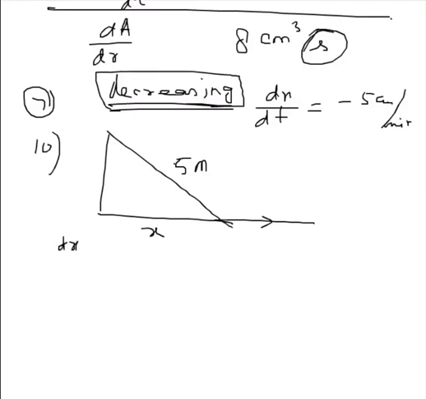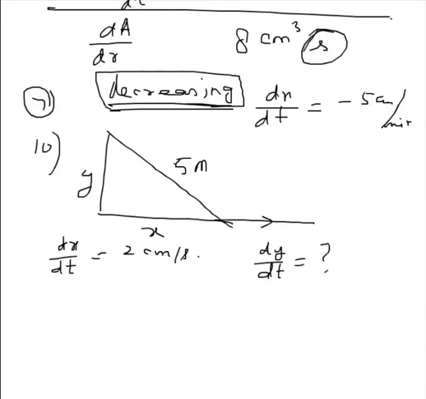The rate at which you are pulling the foot of the ladder is the rate at which x changes. So it is 2 centimeter per second. And then how fast is its height on the wall decreasing? So we have to calculate dy by dt. Since it will decrease, the answer will be negative.